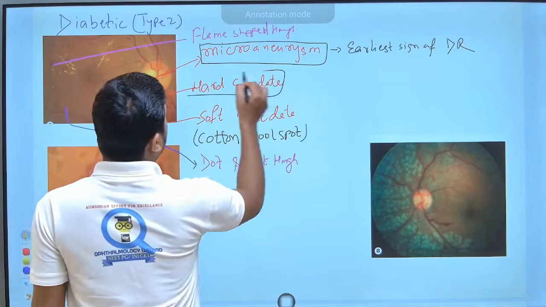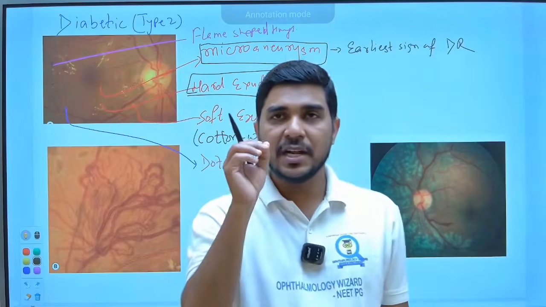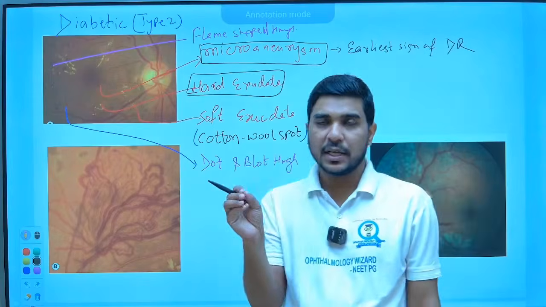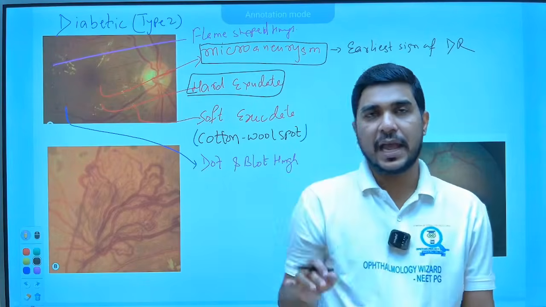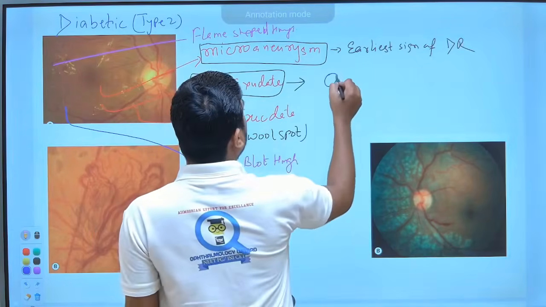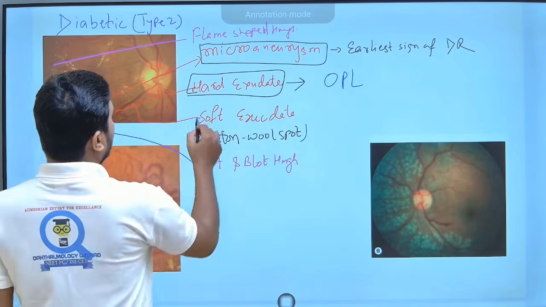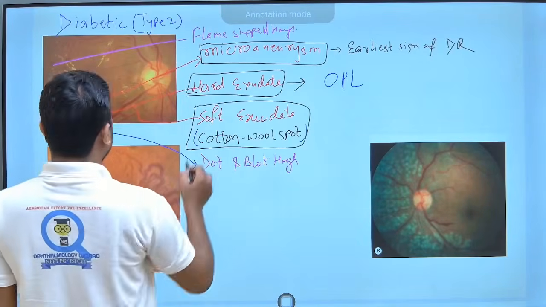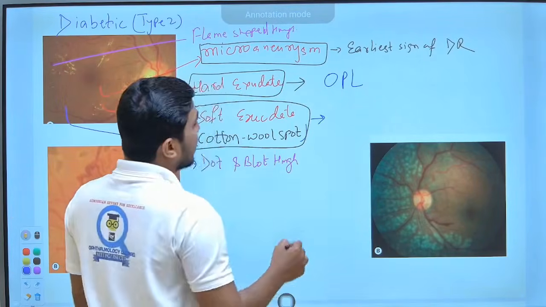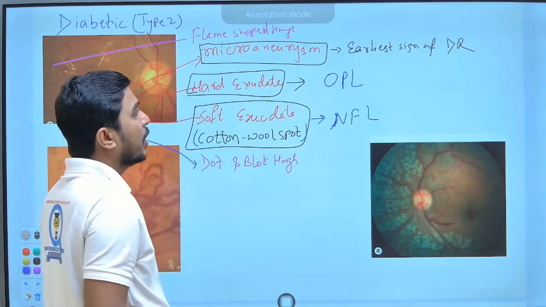Hard exudates are bright yellow lesions, deposits of lipoproteins with well-defined margins, and they are present in the outer plexiform layer. Similarly, soft exudate, also known as cotton wool spot, is present in the nerve fiber layer, right?